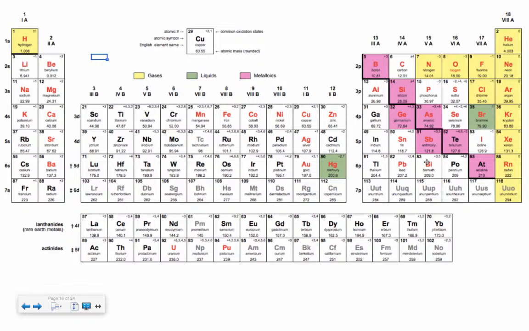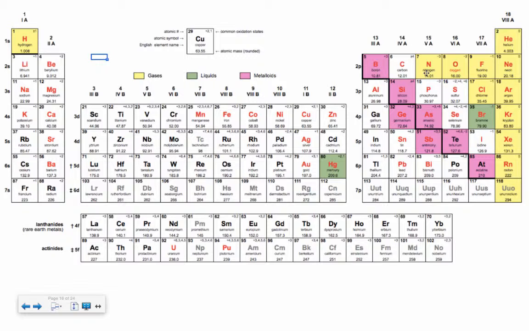What's happening, at least for the first two, is that we have made a transition between losing electrons and gaining electrons. As you move over, there's a greater tendency to gain electrons. The atoms can still lose electrons, but it's just that their most likely state is to have gained electrons.